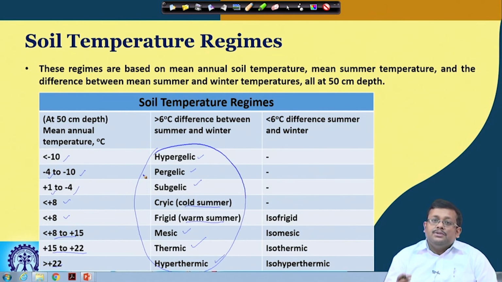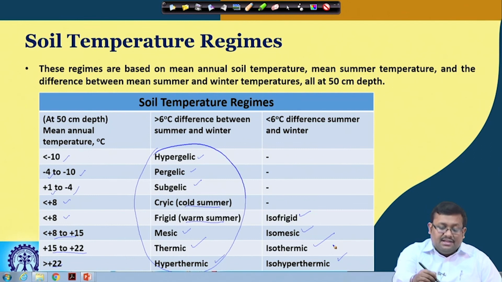And when the difference between the summer and winter temperature is less than 6 degrees centigrade, then frigid is named isofrigid, mesic is termed isomesic, thermic is termed isothermic, and finally hyperthermic is termed isohyperthermic. So, this slide concisely shows the different types of soil temperature regimes, how we name them, and what their different criteria are.